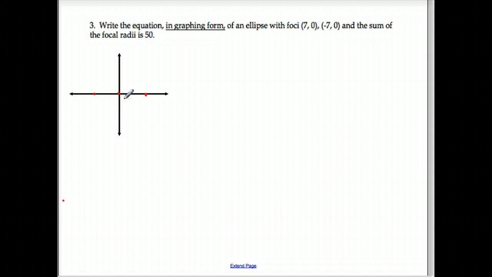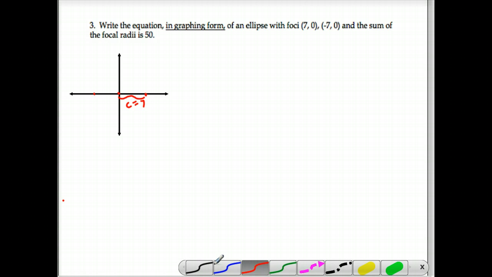That tells us that this c equals 7. So we know c equals 7, and I'm going to pick, this is not going to be to scale. In fact, I've already done the problem, so it's way not to scale. Let's say the ellipse is somewhere up here. This is our point on the minor axis.